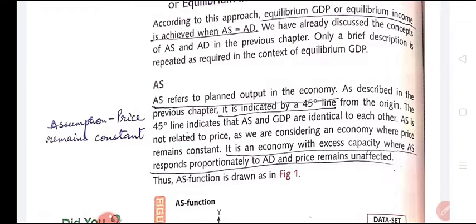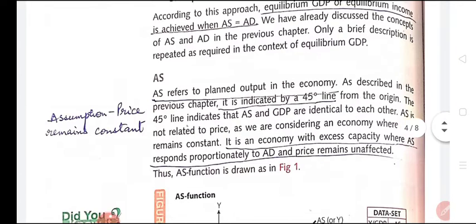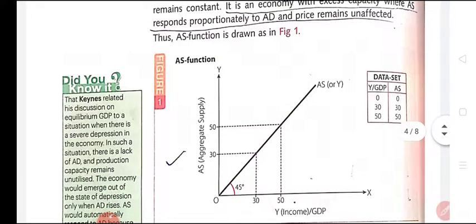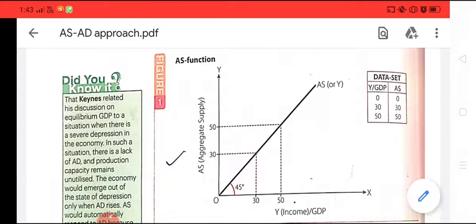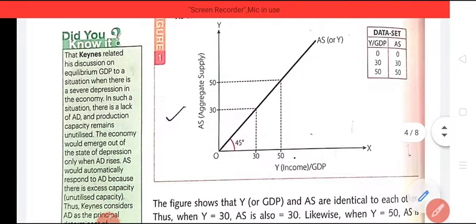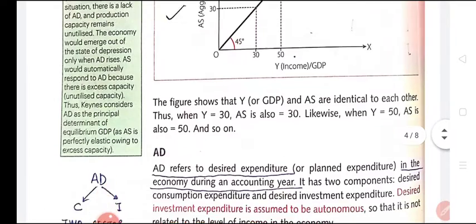As explained earlier, you have to draw x and y axes, where income is taken on the x axis and supply on the y axis. Draw a 45-degree line. Since this has divided the graph into two equal parts, at every point of this line, income and aggregate supply are equal. This is how we make the curve for the aggregate supply function.